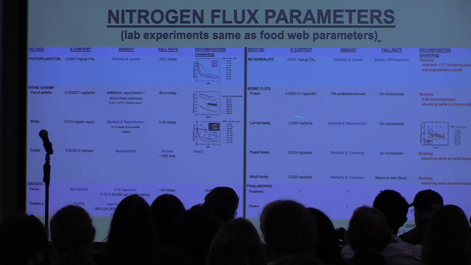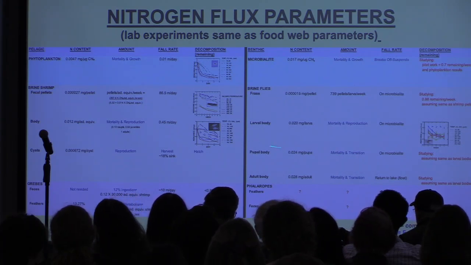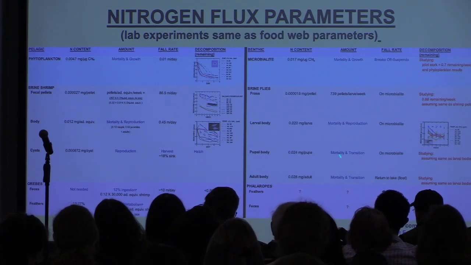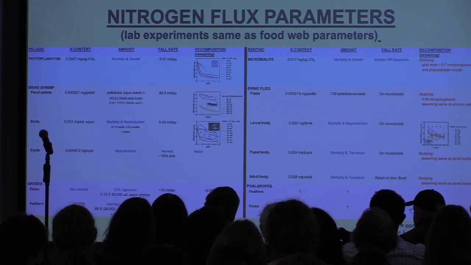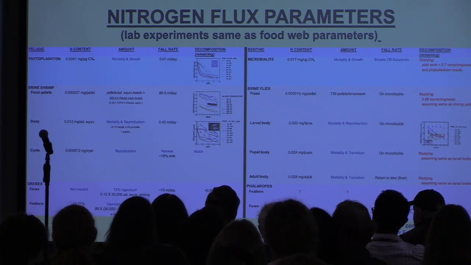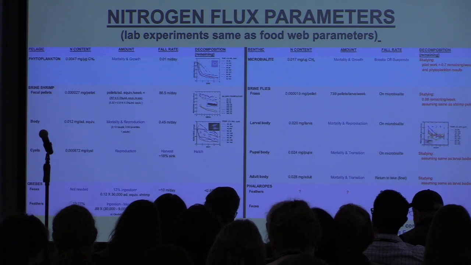The frass nitrogen content, larval body content, pupal body content, and the adult body content. Then we need to know the amount that's produced. Well, a good part of the amount that's produced comes from the trophic dynamic model. What is the mortality? How many dead ones do you get per time period? And what is their growth? So they're adding weight. And what is their reproduction?